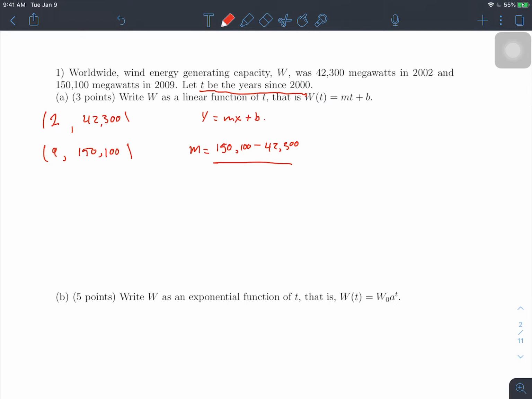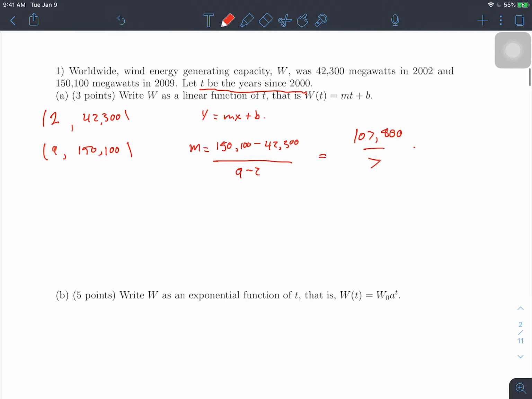And I'll divide that by 9 minus 2. That's x2 minus x1. So we'll get something divided by 7. Let's see what it is. 150,100 minus 42,300, you get 107,800. And divide that by 7, we get 15,400. So that's our slope.